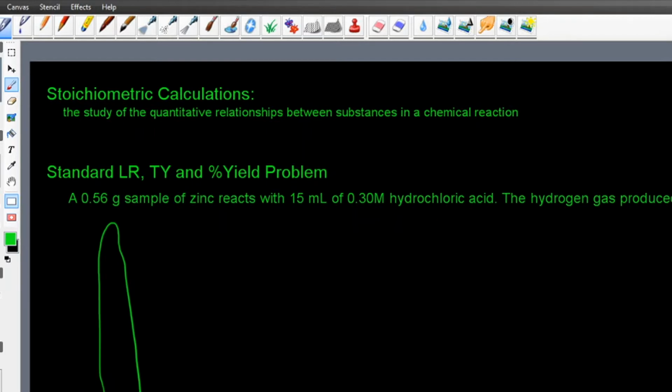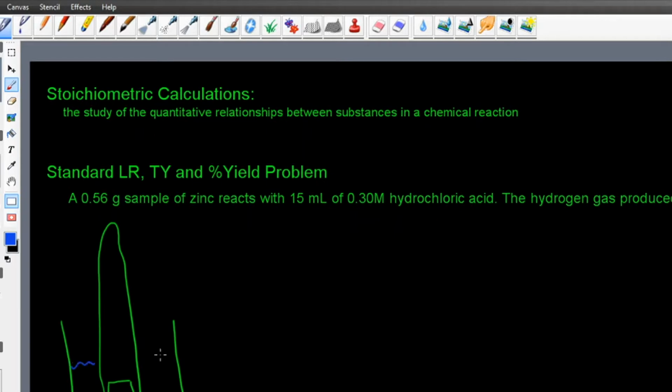You would fill that eudiometer up with water, and you would plug it with a stopper. That stopper would have a hole in it in order for the displaced water to come out. So of course this is going to be inverted in a beaker of water.